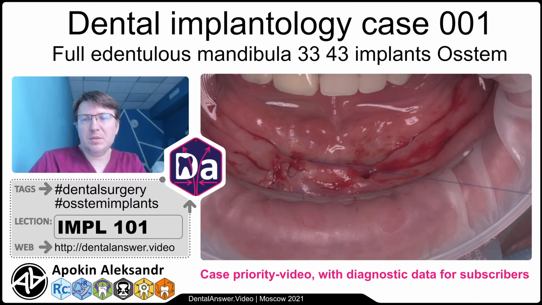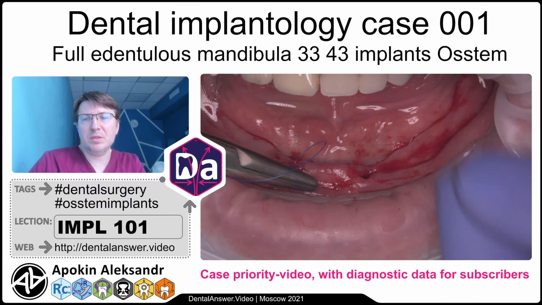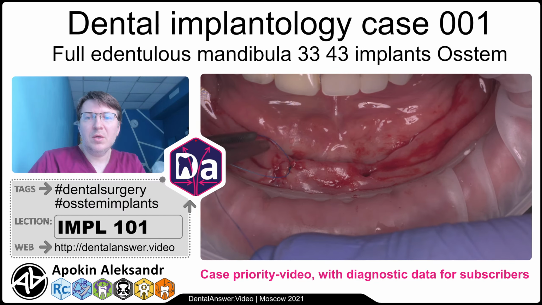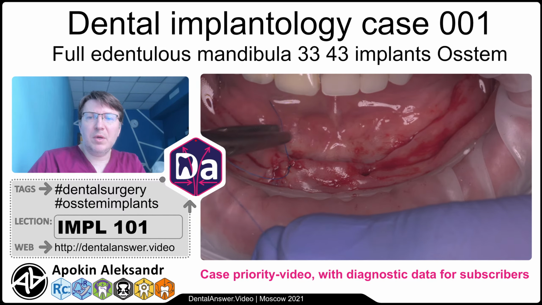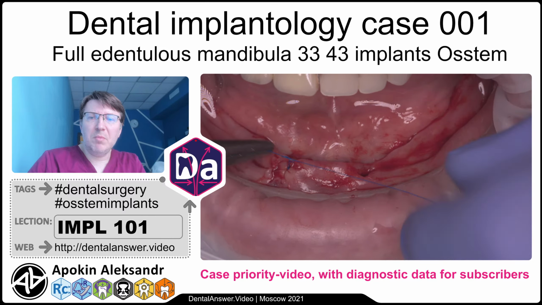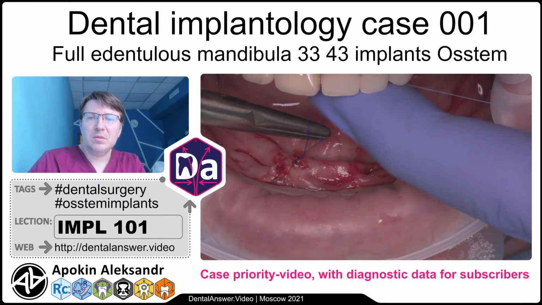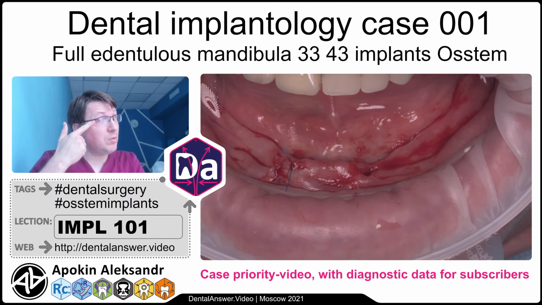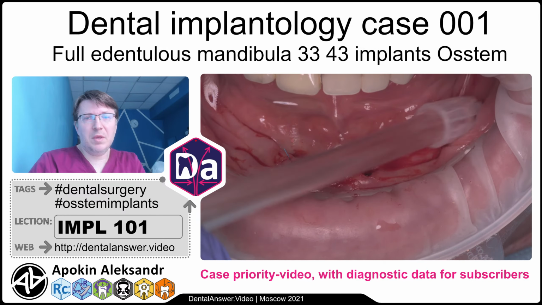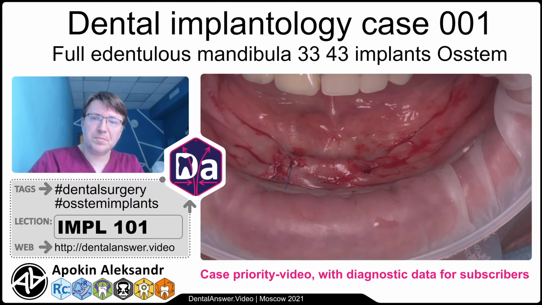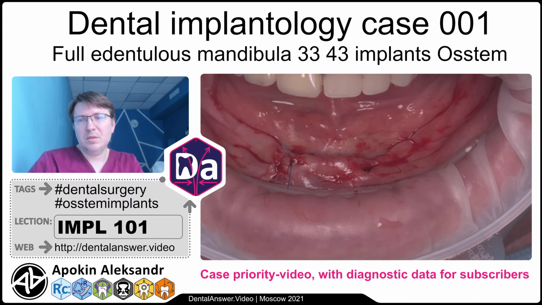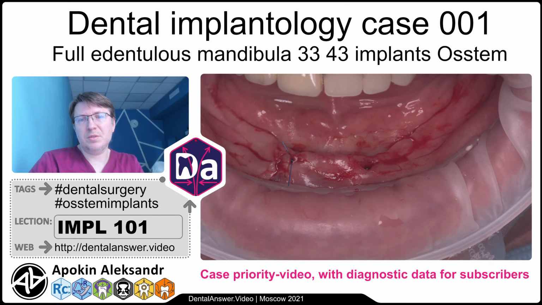Total time for this operation is 20 minutes. We wait for about 2 months, make a control intraoral radiographic image, and then place gingiva formers and make impressions.